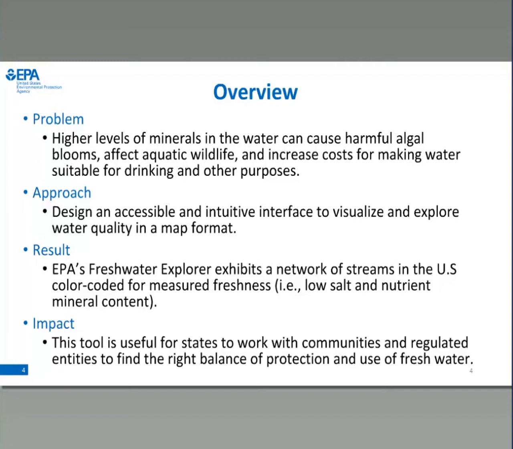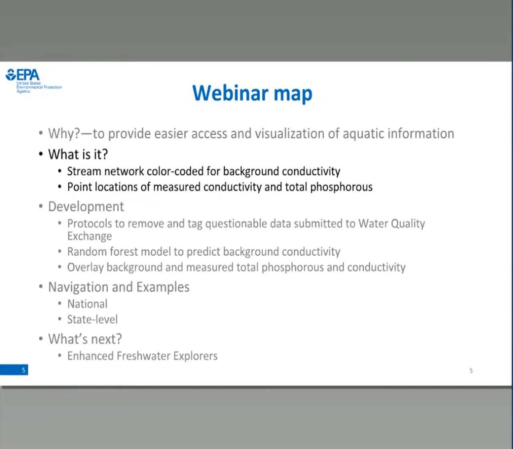The impact of this is that it's useful, as Lisa mentioned, for states to work with communities and regulated entities to find the right balance of protection and use of fresh water. But it's also useful for anyone who wants to understand what's going on and start to think about ways to appreciate the effort that has gone into data collection and what it means for a locality or for the country.